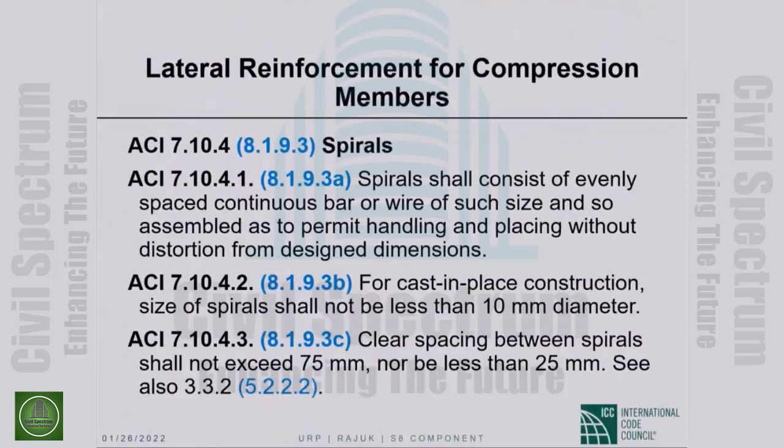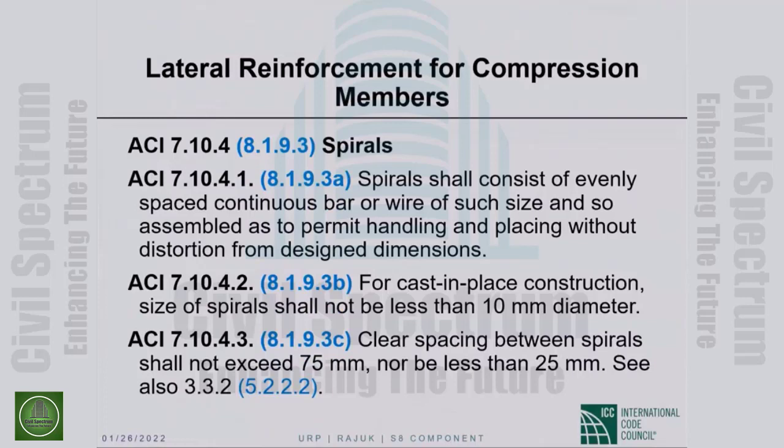So spirals, these are the requirements. Column spirals. Spiral shall consist of evenly spaced continuous bar or wire of such size and so assembled as to permit handling and placing without distortion from designed dimensions.